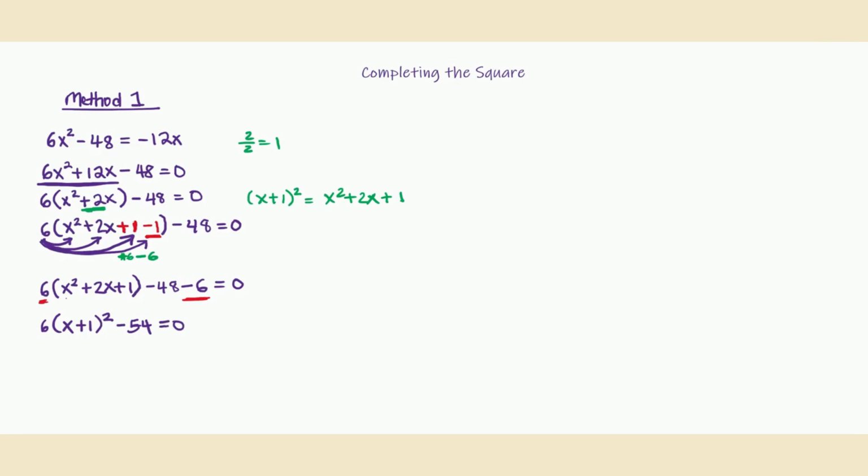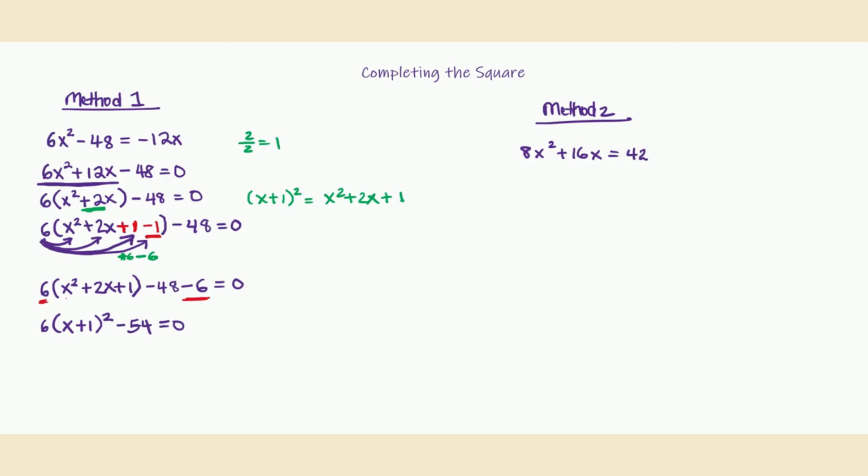Now let's do another example where we are working with method 2. The example is 8x squared plus 16x equal 42. Now keep in mind that the method just depends on what you're most comfortable with, and you would just have to rewrite your equations based on what you're comfortable with.